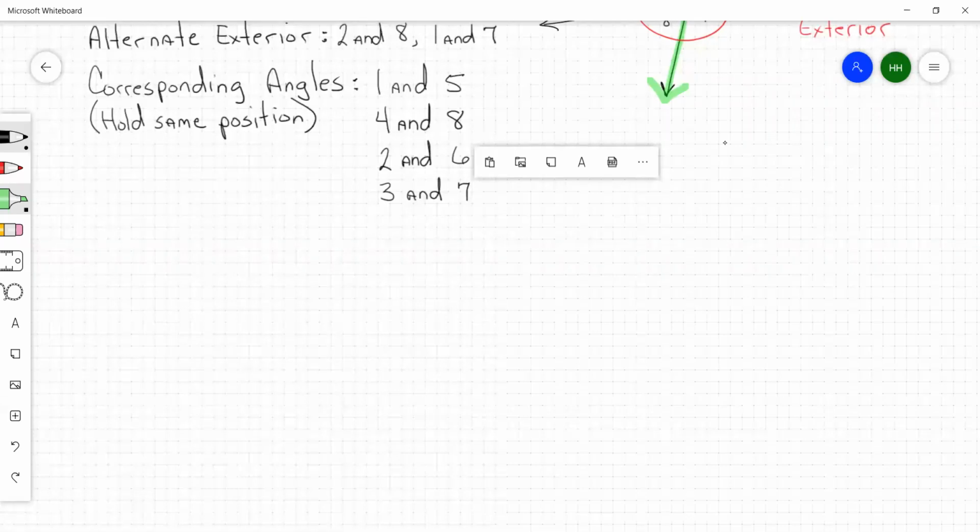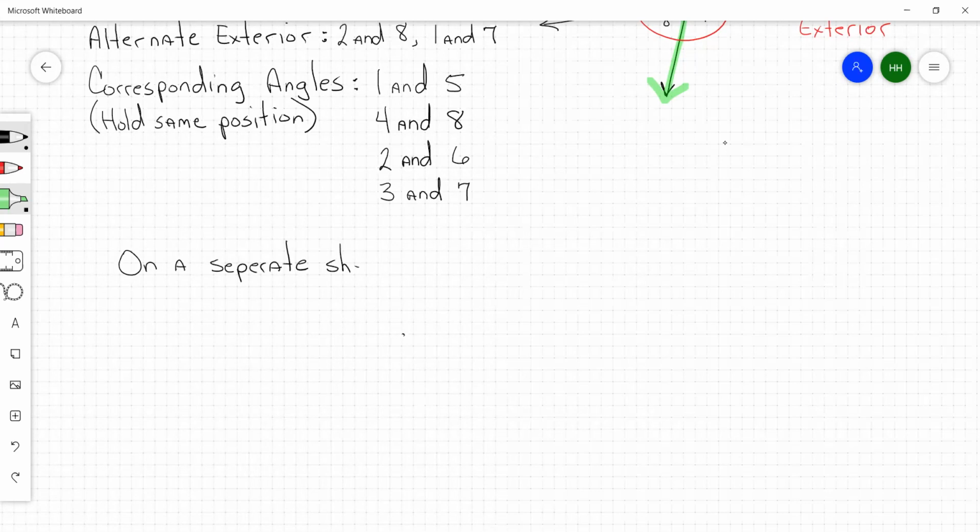All right, so here we go. What you're going to do today on a separate sheet of paper is pages 31 and 32, all of the problems.